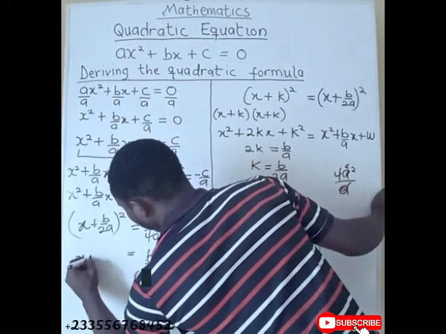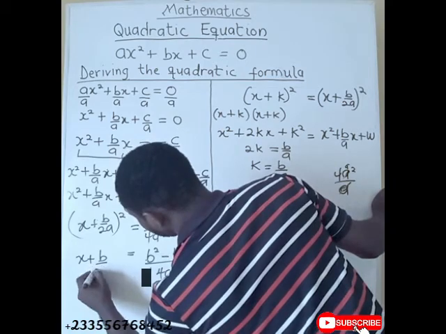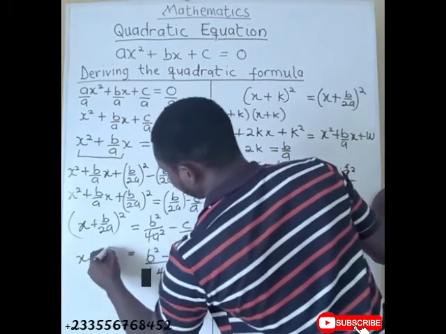Then at the left hand side, we repeat this one, (x plus b over 2a) all squared.